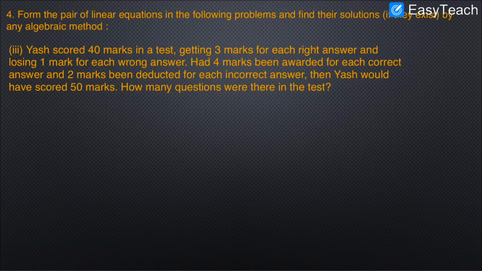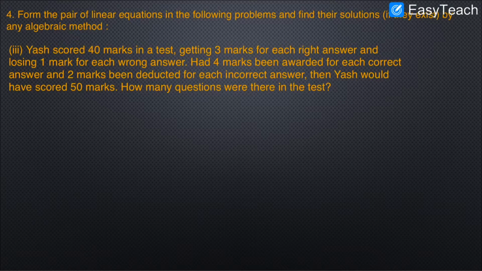So here we have two scenarios. If she scored 40 marks, and if she scored 50 marks, what will be the linear equations for these two scenarios? We are going to write two linear equations for these two scenarios. Before that, what they asked us to find is how many questions were there in the test.